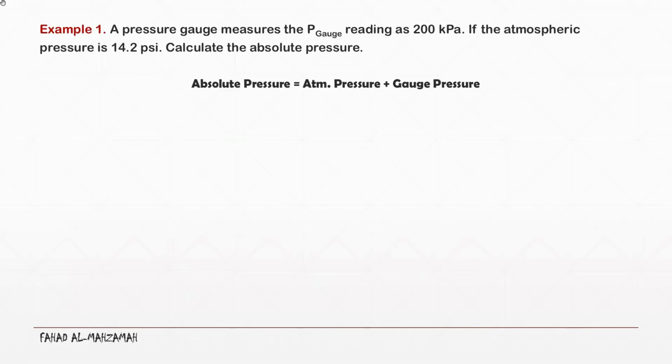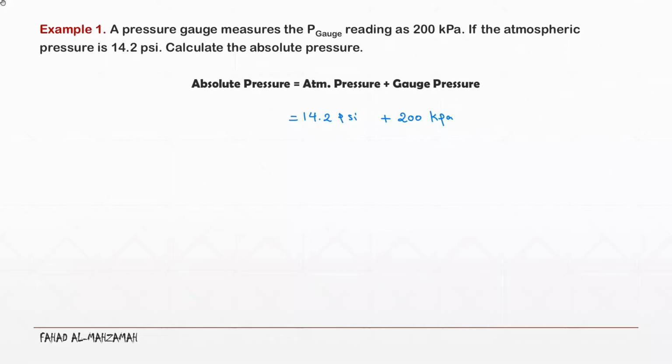So clearly it's a direct substitution, okay? Here absolute pressure is equal to atmospheric pressure, which is this one, plus the gauge pressure, which is this one. So let us write the given information. Now we have 14.2 psi, okay, plus 200 kilopascal. Now can we add, or what do you think?